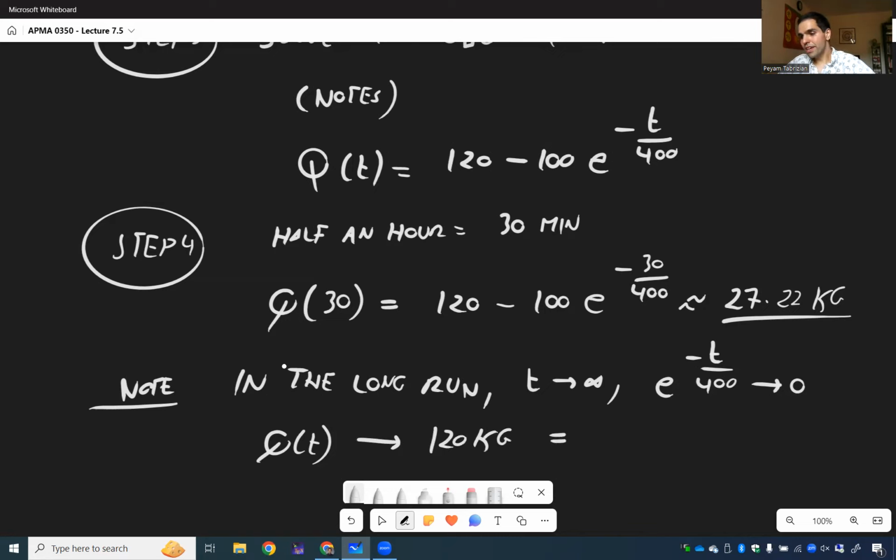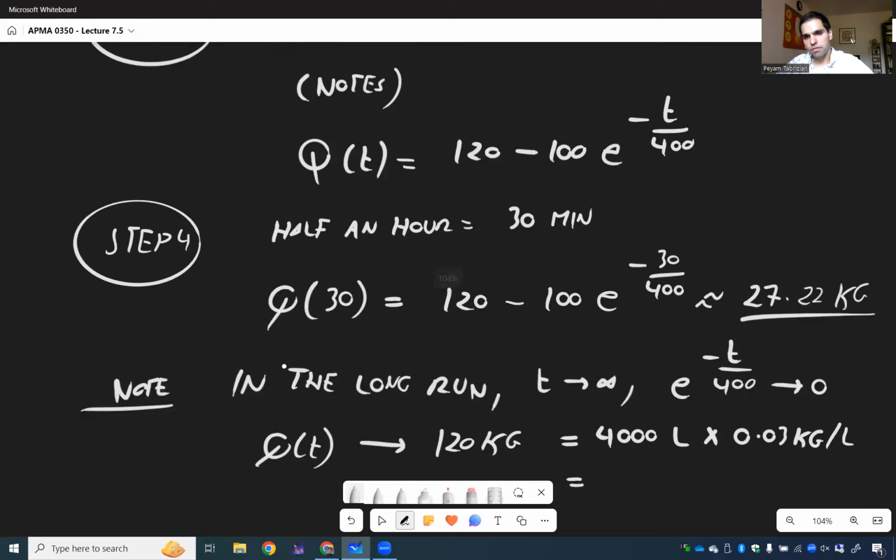Interestingly, that is precisely the volume of the tank, 400 liters, times the rate flowing in, volume times rate in, because things are balanced out as they are.